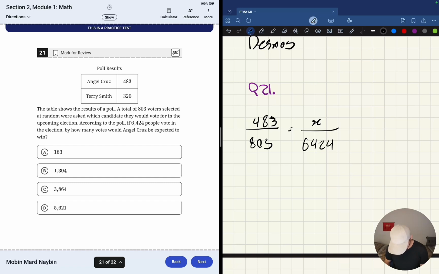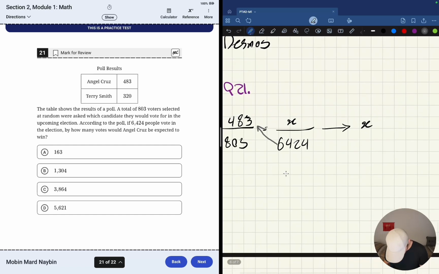So I'm going to solve for x and see what is going to be the number of votes for Angel Cross here. So let's solve for x. X is going to be equal to, I'm going to multiply this by there. So I have the x isolated, x cross multiplication.